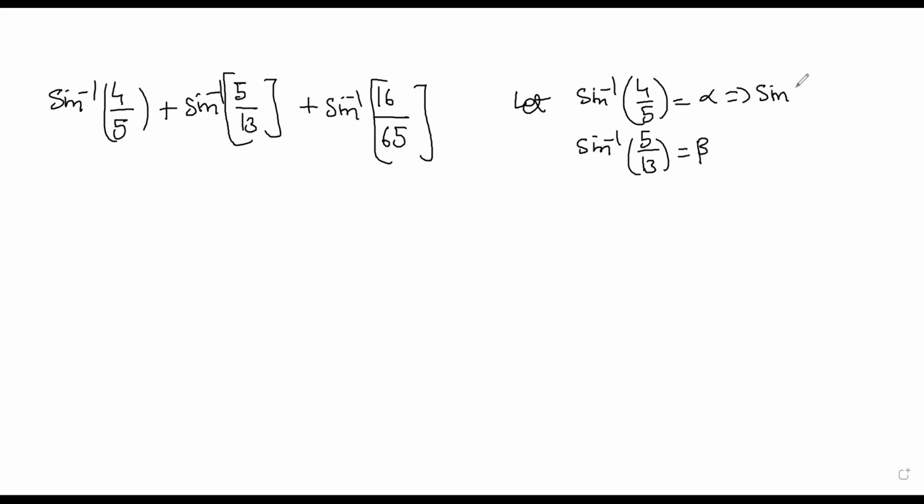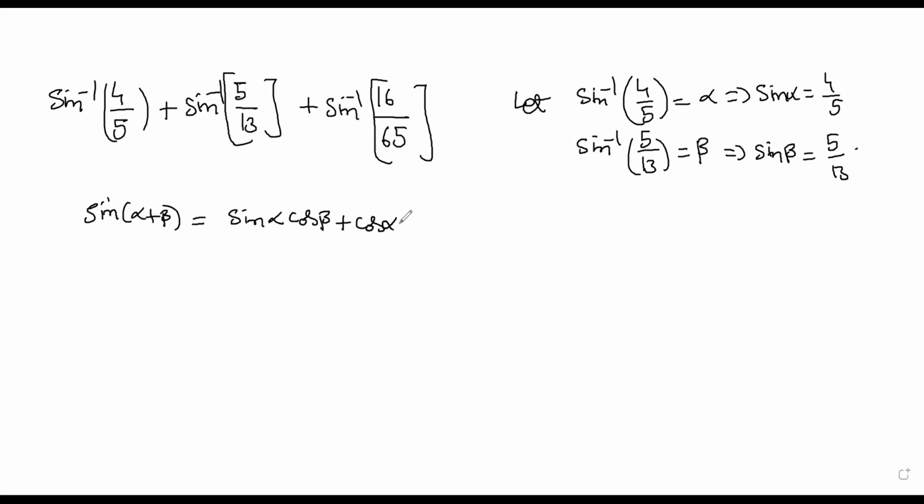Sine alpha is 4 by 5 and sine beta is 5 by 13. Let us first solve for alpha plus beta. What is sine of alpha plus beta? It is sine alpha cos beta plus cos alpha sine beta.